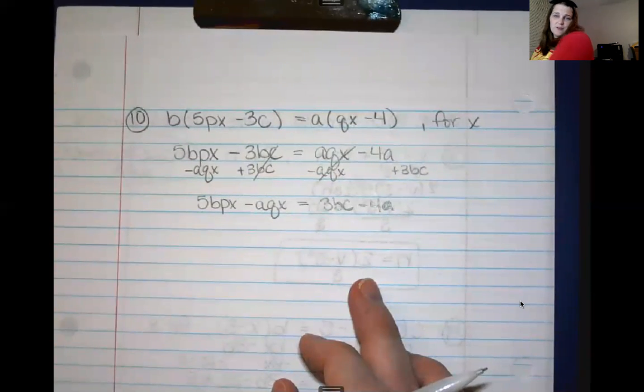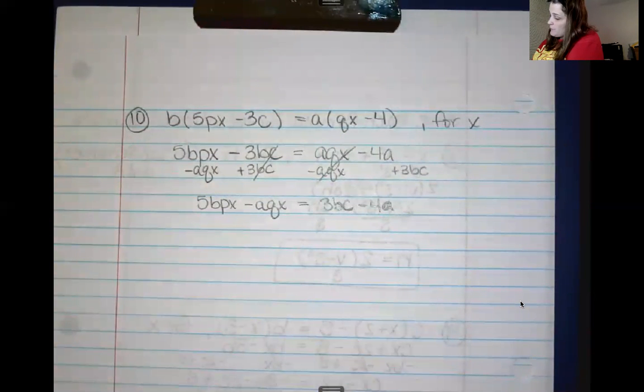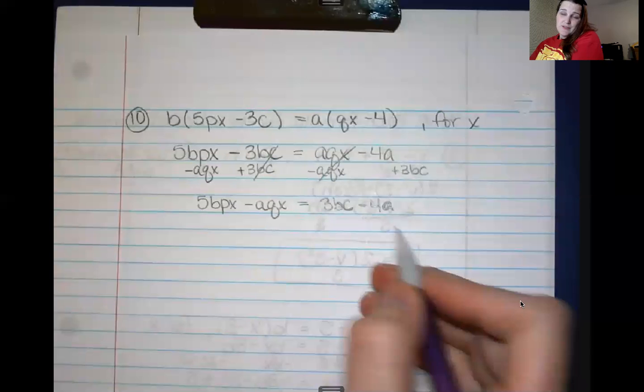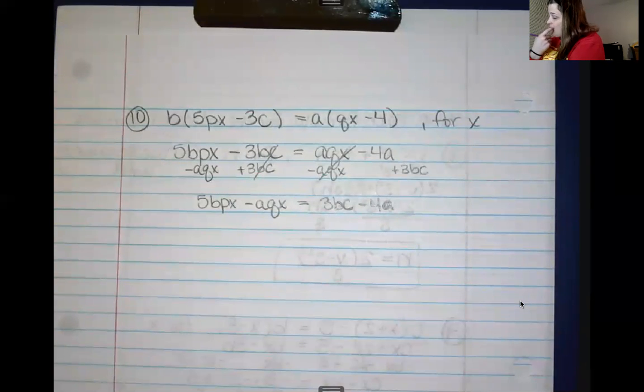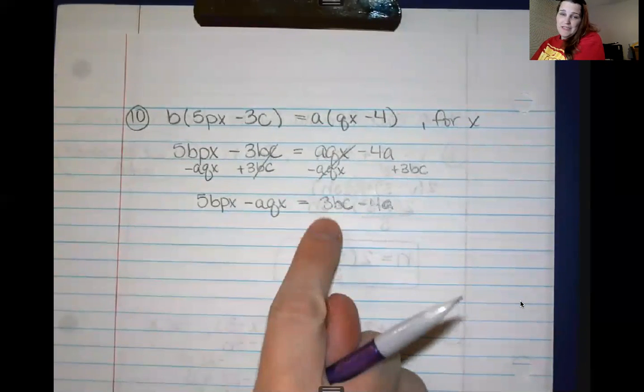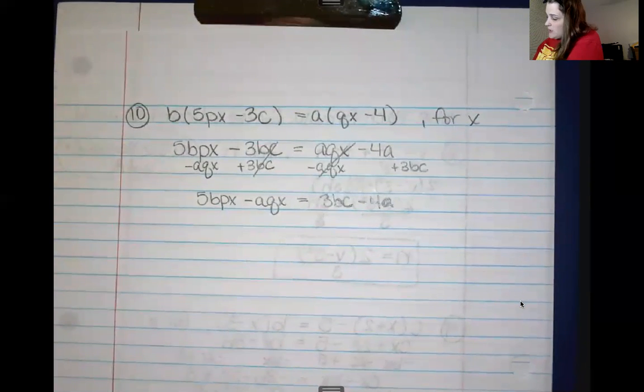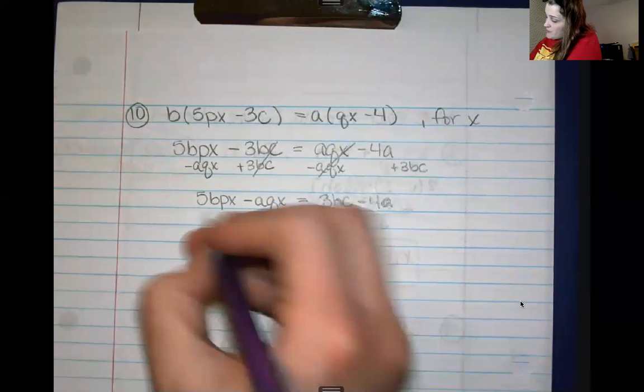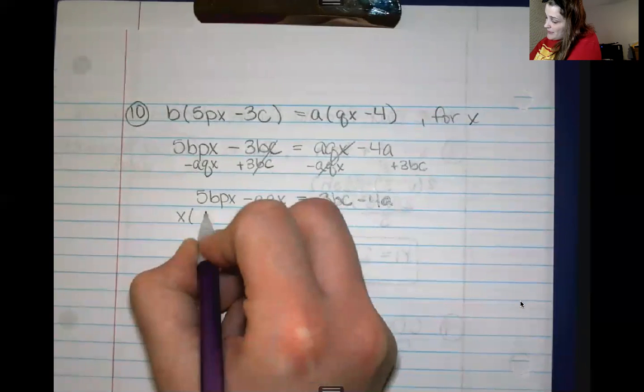have it focus. Okay. So, like I said, you could have had negative 4a plus 3bc, but obviously if you don't have to have a negative leading term, then don't. So from here, I'm going to factor out an x, just like we did on the last problem.